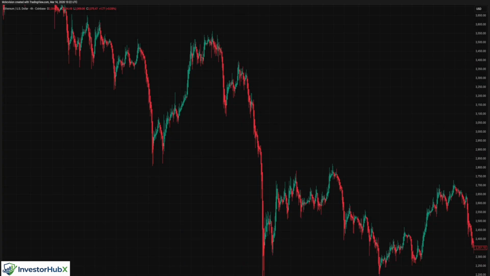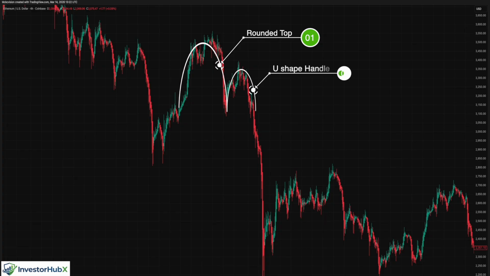This is Ethereum on the 4-hour time frame. Here we can see an inverse cup and handle pattern, which is the bearish version of the cup and handle. Instead of forming a rounded bottom, the pattern forms a rounded top, creating what looks like an upside-down cup. After the cup forms, price enters a small consolidation, forming the U-shape handle. The neckline is formed by these two support points.